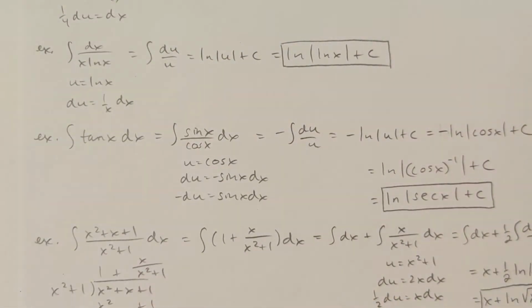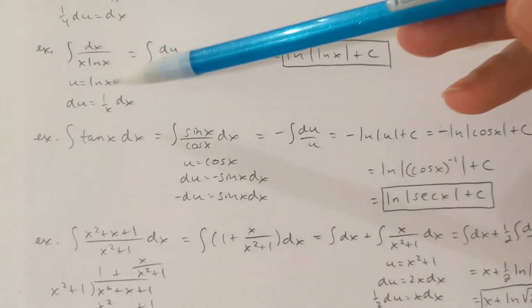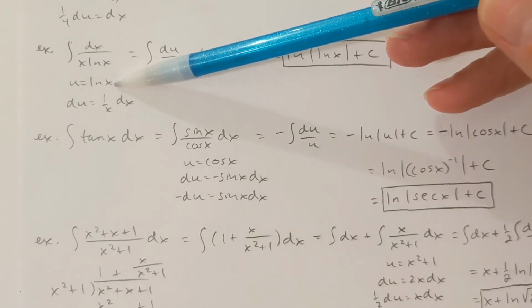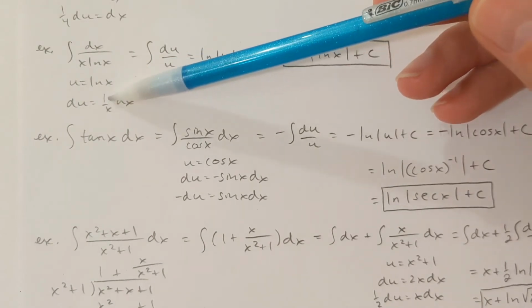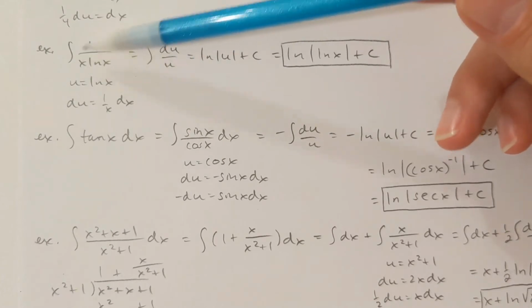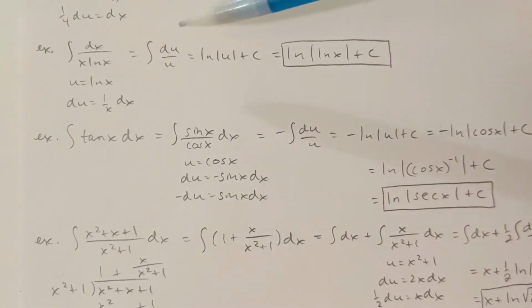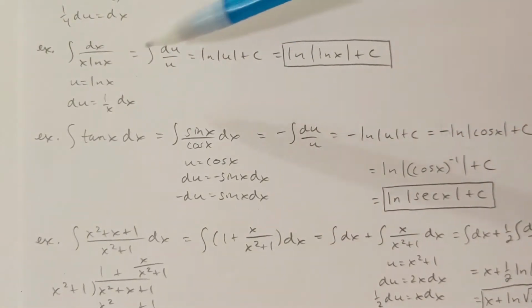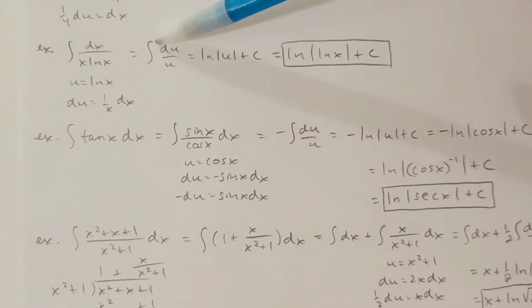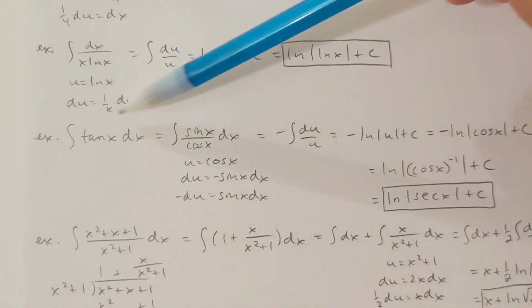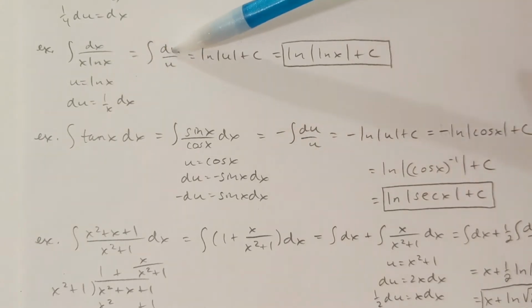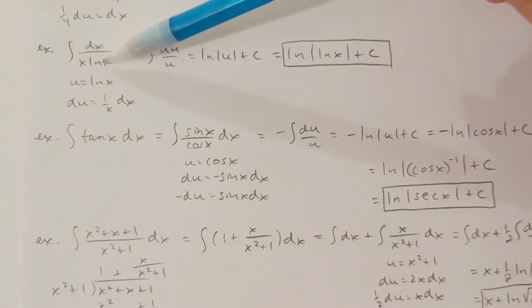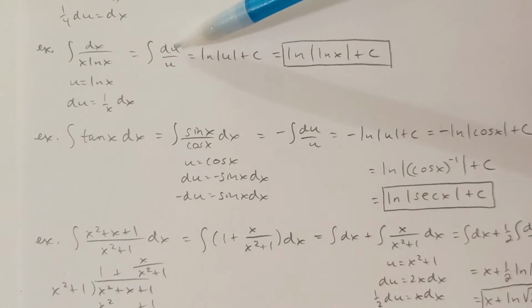Okay, how about this one? The integral of 1 over x times the ln of x dx. Well, if I let u be the ln of x, I know the derivative of the ln of x is 1 over x, and there's a 1 over x dx in the integral. So when I write my new integral, 1 over x dx is du, and ln x is u, so 1 over u du would be inside the integral.